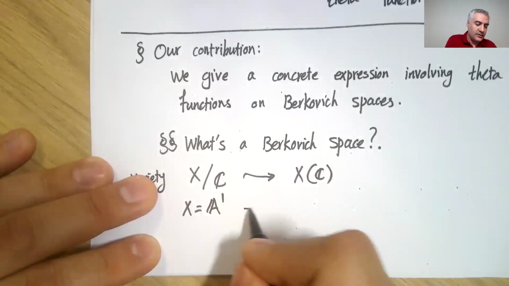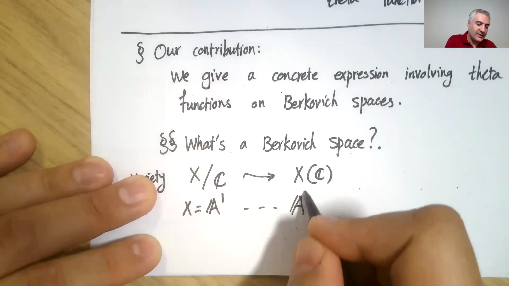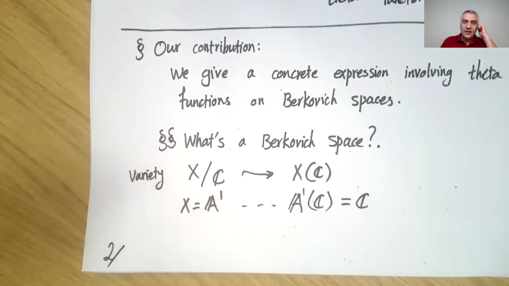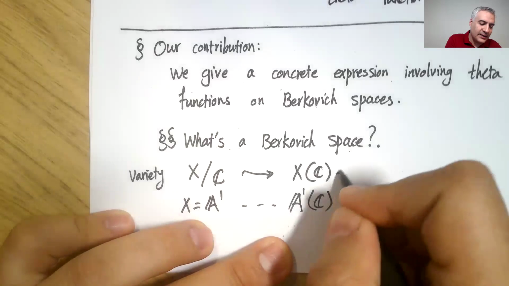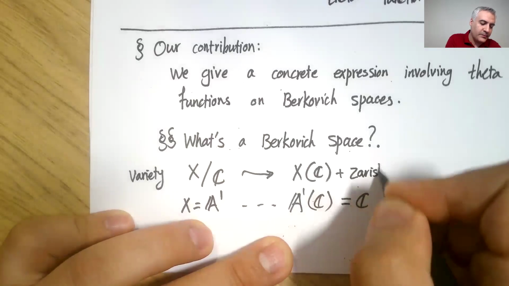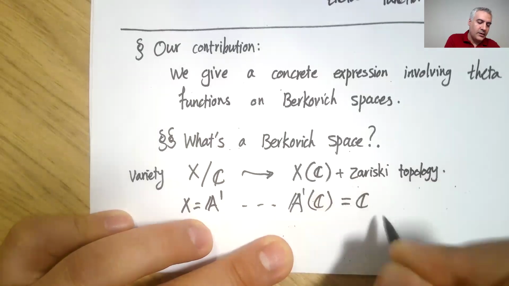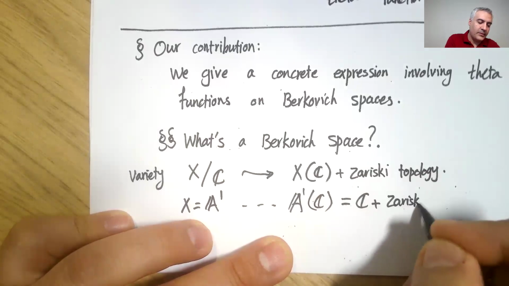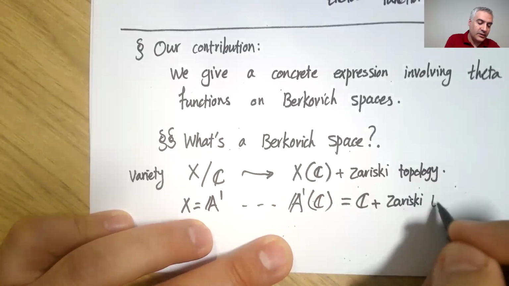Well, then you get, as a set, the C points of A1 is just the set C. And algebraic geometry insists that there is a very important topology that you should be comfortable with, and that's the Zariski topology. You can consider C with the Zariski topology. Open sets will be essentially cofinite sets.